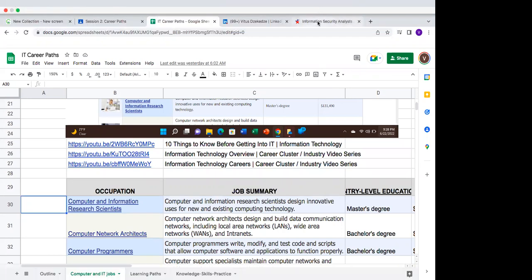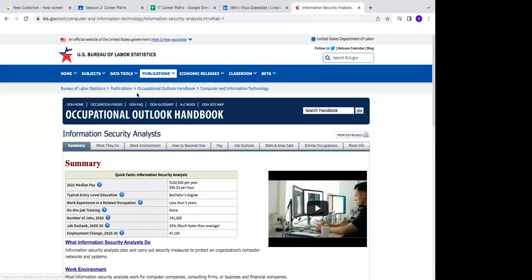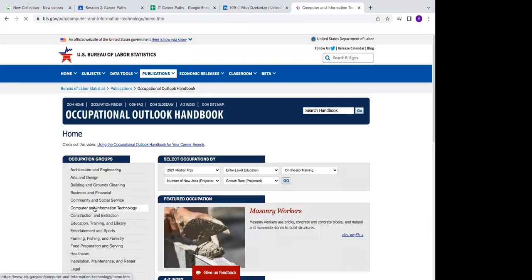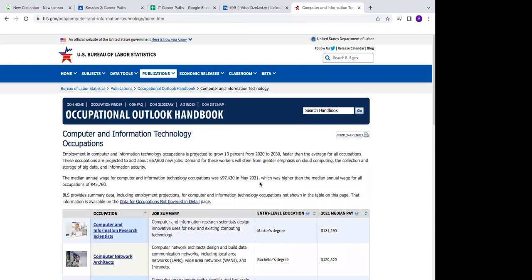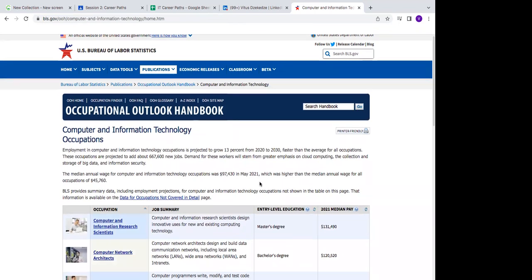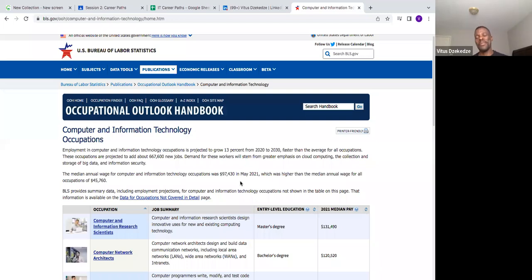So in case I've never done anything in IT, and I develop an interest in it and want to get into that field, where do I begin? Very, very good question.